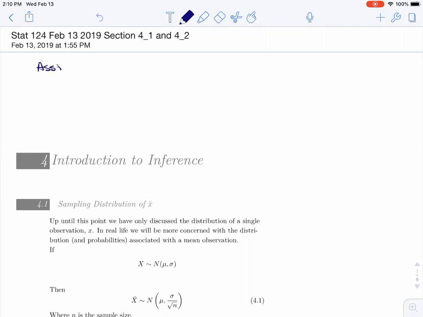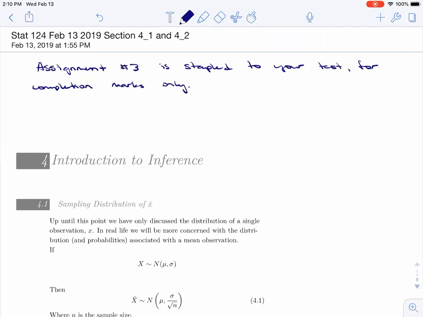So, assignment 3 is stapled to your test, for completion marks only. Sometimes I cheat like that. Definitely, because I was kind of fire drill marking these things, maybe check my adding.